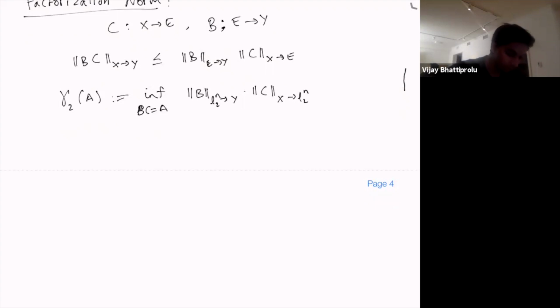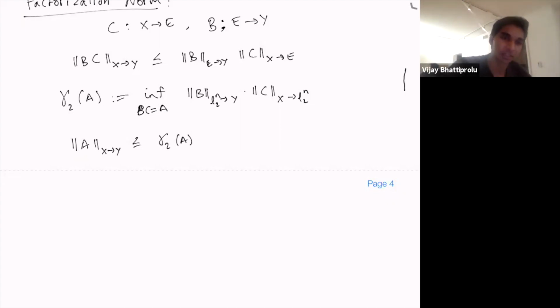And the factorization theorem is a theorem of the following type. It says that the operator norm of A, which is clearly upper bounded by gamma 2 of A. Gamma 2 of A is the best possible upper bound one can get by factorization through L2.